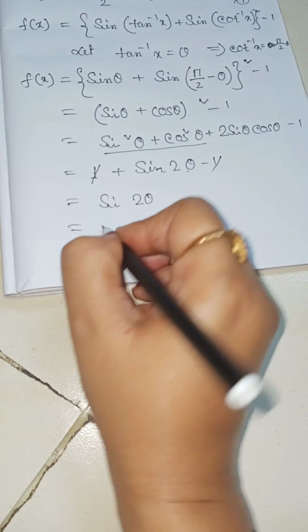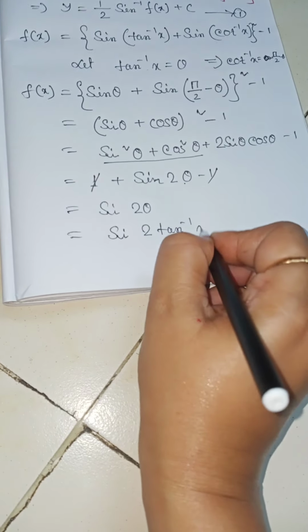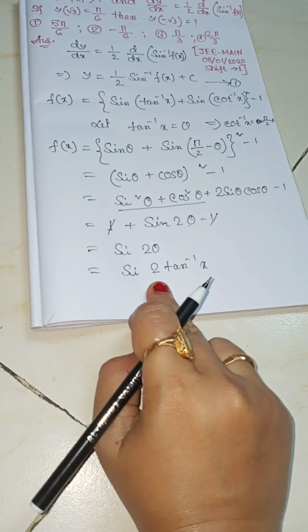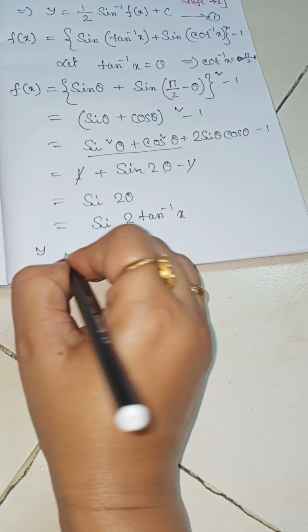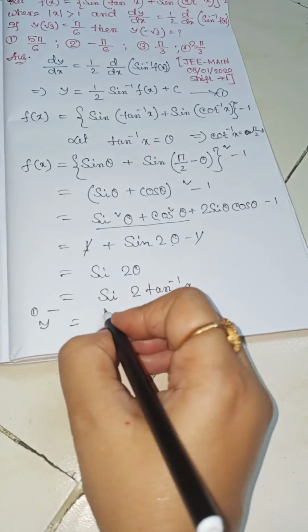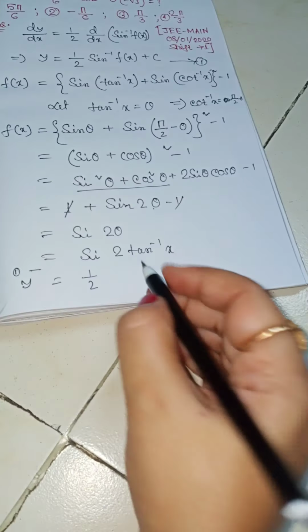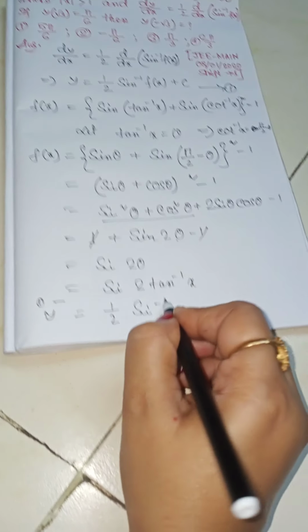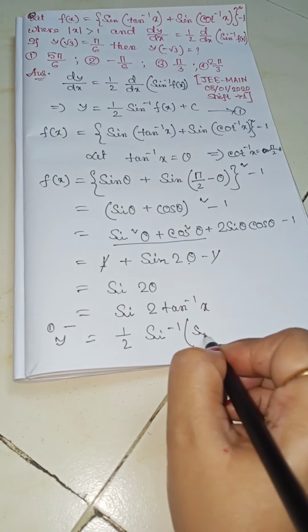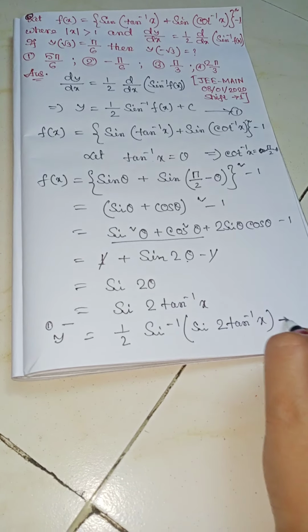Putting the value of θ, that is tan⁻¹x, this becomes sin(2 tan⁻¹x). Now placing the value of f(x) in equation 1, y = (1/2) sin⁻¹ sin(2 tan⁻¹x) + c.